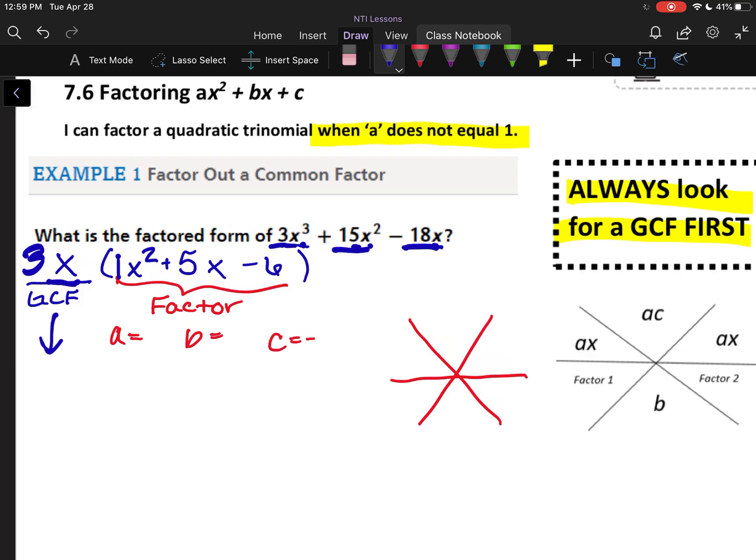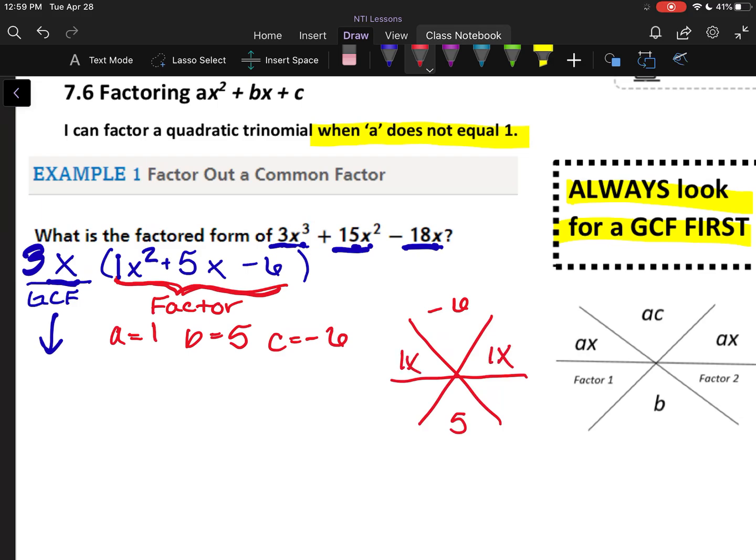And now if we look at the trinomial that's inside my parentheses that I've underlined here, that is what we're going to use our snowflake method to factor. A is 1, B is 5, C is negative 6. And now we can set up that snowflake with my A times C being negative 6. My B is 5. That's 1x, 1x.